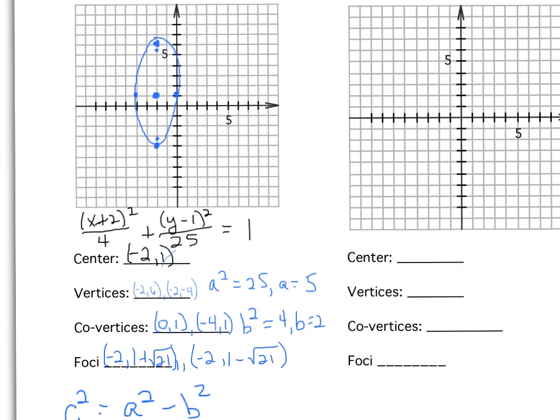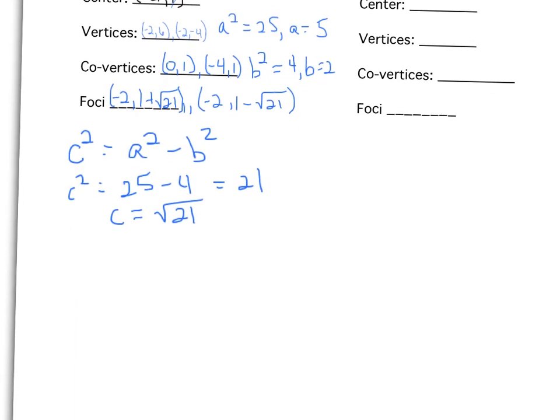In general, again, since our major axis is in the y direction, we can write the general foci as (h, k plus c) and (h, k minus c). If this is helpful for you, then you can use that formula versus sketching them on the graph.